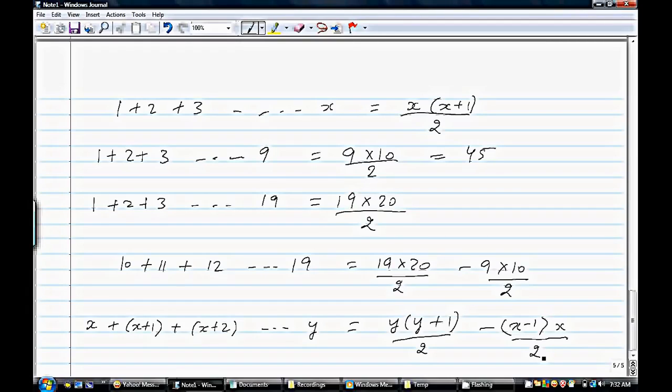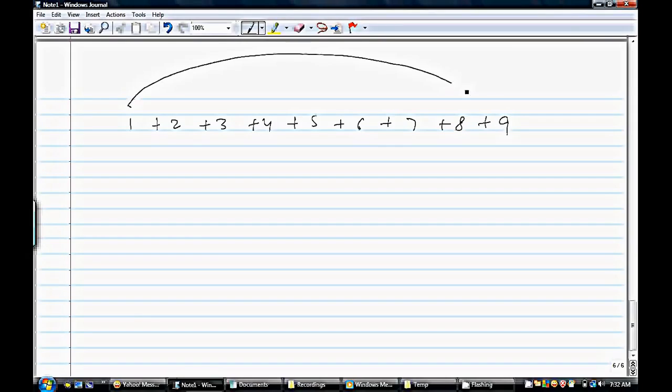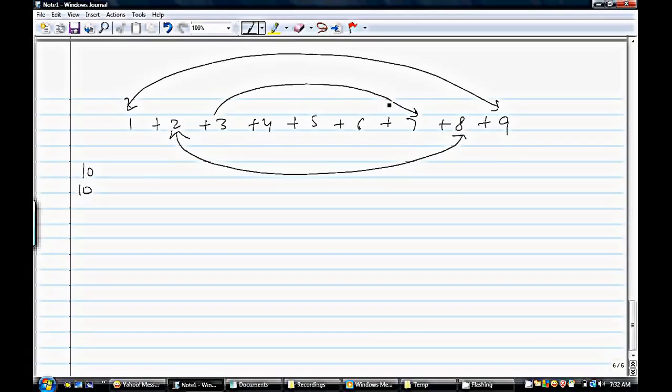If you don't want to cram this formula and want to understand how it was generated, let's go to the series again. So we have 1 plus 2 plus 3 plus 4 plus 5 plus 6 plus 7 plus 8 plus 9. You can see that 1 and 9 add up to 10. Then 2 and 8 again add up to 10, and 3 and 7 is again 10, and 4 and 6 is again 10, and I'm left with 5.